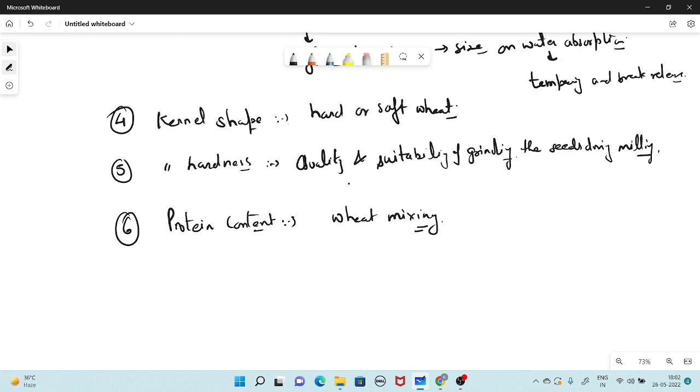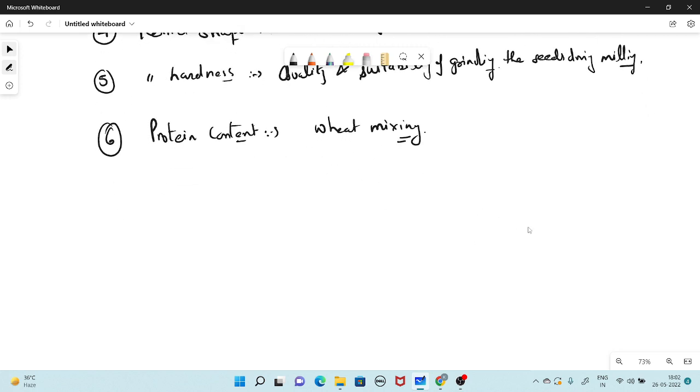Another important parameter which is used to check the quality of the wheat flour is the falling number value.